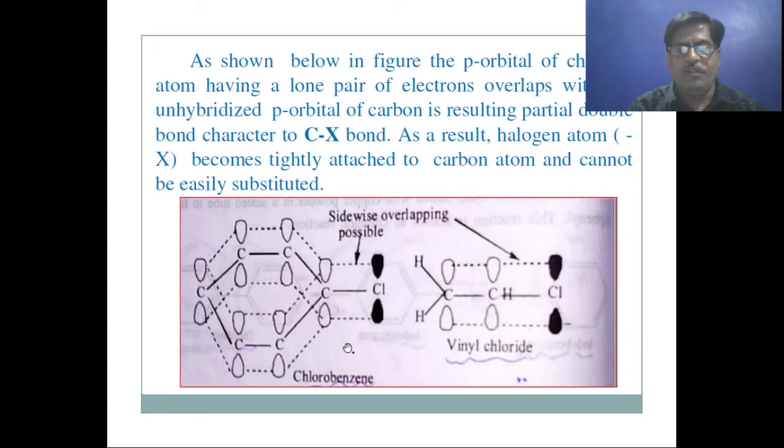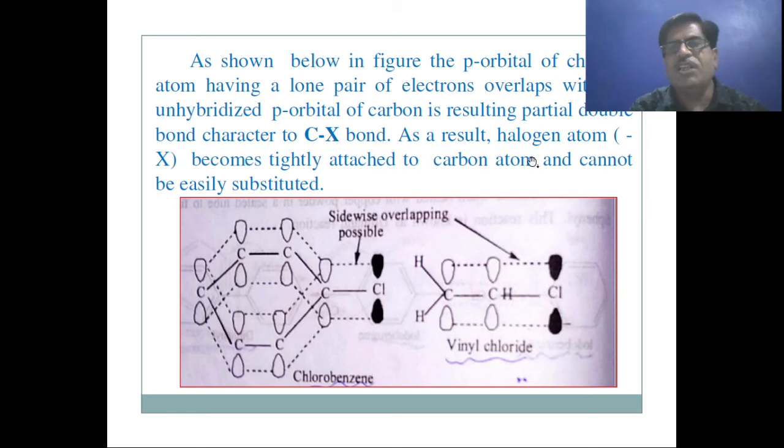As shown in the figure below, the p orbital of the chlorine atom, having a lone pair of electrons, overlaps with the unhybridized p orbital of carbon, resulting in partial double bond character in the CX bond.